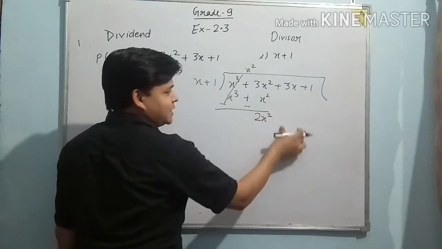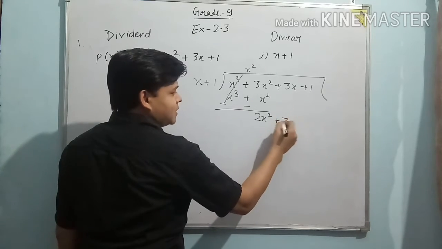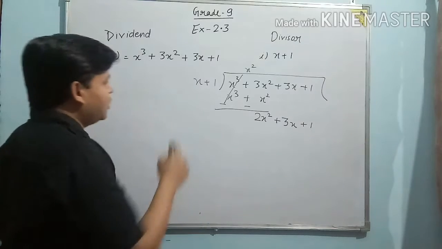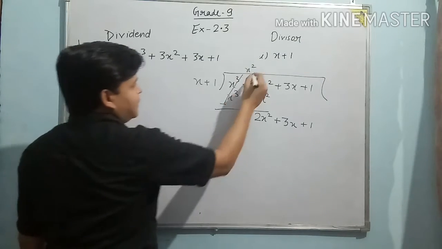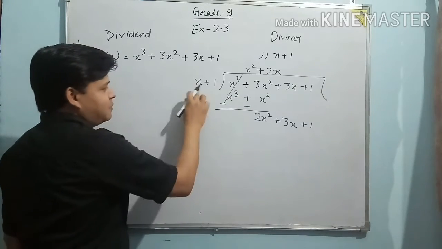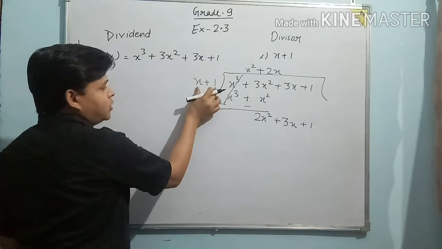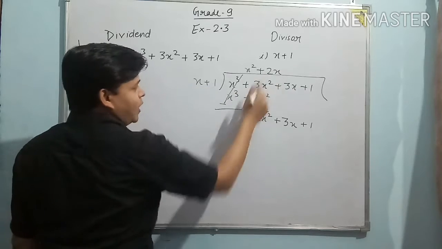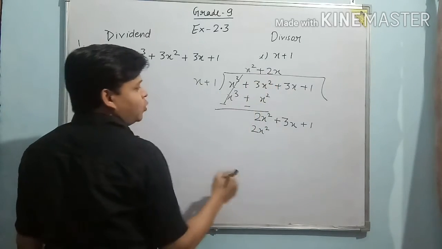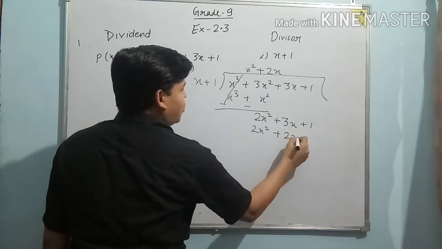Now note down these as it is, like plus 3x and plus 1. Now I have to multiply this x by plus 2x to get this 2x square. So let's multiply these both terms by 2x. So x into 2x we will get here 2x square. Now 1 multiplied by 2x, I'll get here plus 2x.